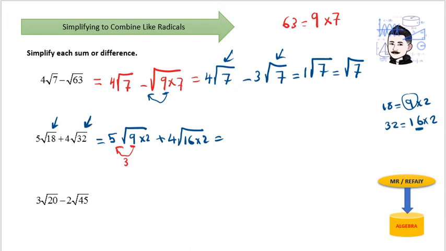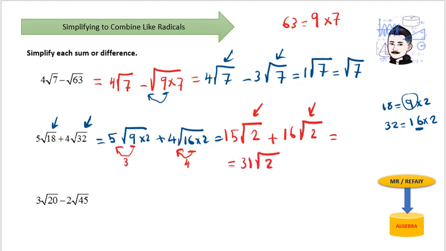So 5 times 3 will be 15 root 2 plus, and here we also get root 16 because it's a perfect square number, so it will be 4. Multiplied with this 4, it will be 16 root 2. At this time, both have the same radicand, so you can add directly now. 15 plus 16 will be 31 root 2.